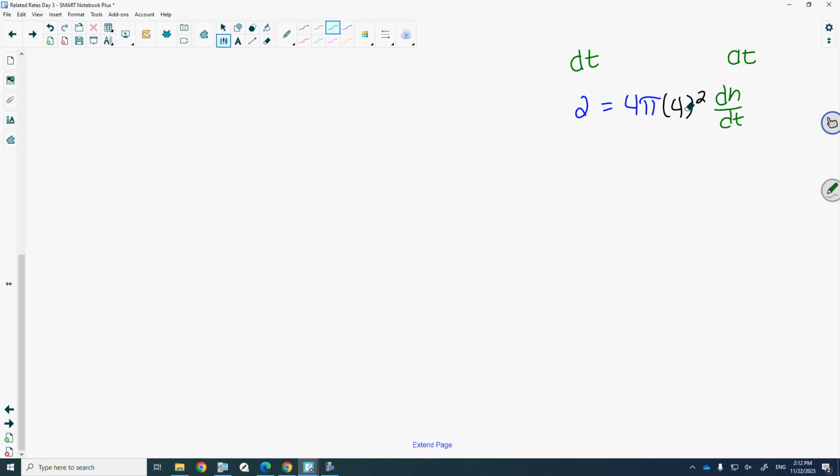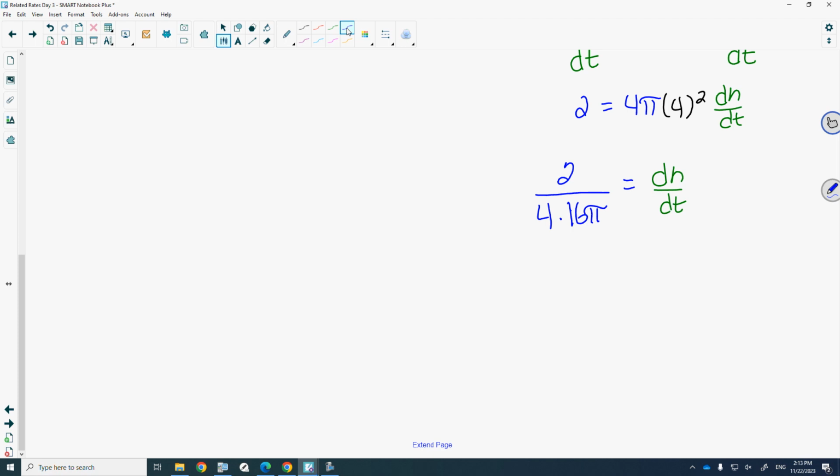Instead of doing 16 times 4, I'll show you how you could do this. I've got 2 on the left, and you know that we're going to be dividing it. So instead of doing 16 times 4, I know I'm going to be dividing that out. So 4 times 16 pi.